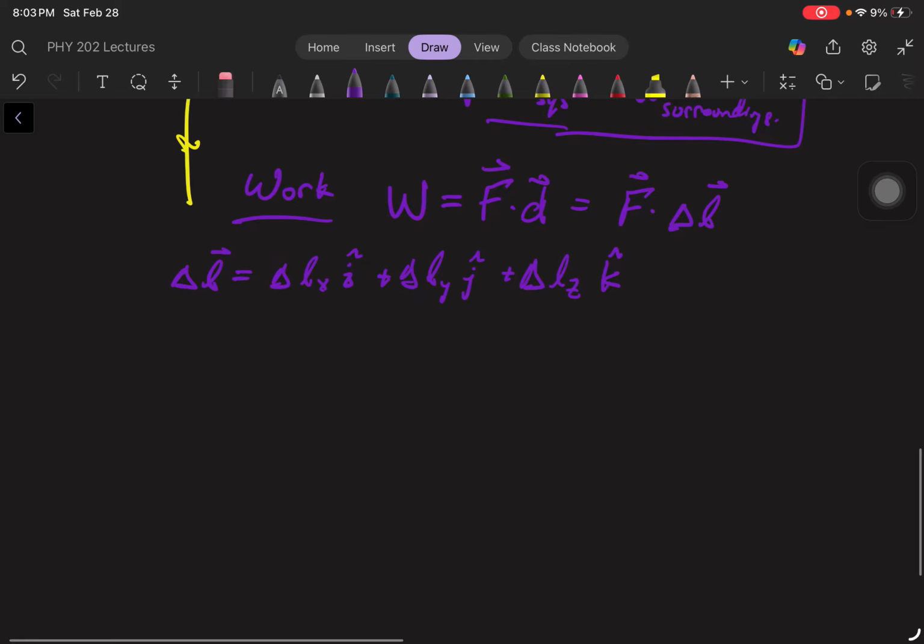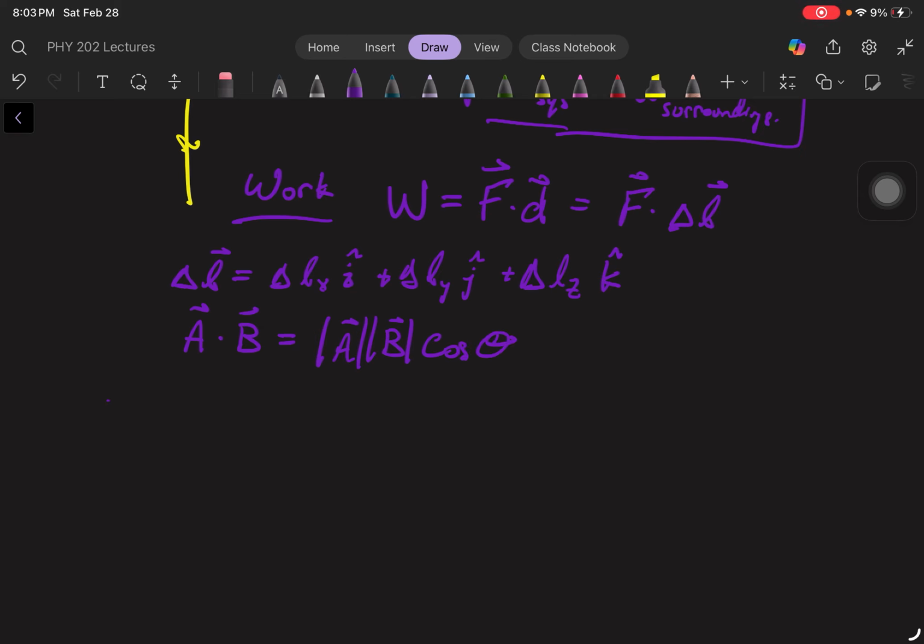All right. And then just a quick reminder about dot products. If you have some vector A dotted with some vector B, that is equal to the magnitudes of A and B multiplied together, times cosine theta, where theta is the angle between them.